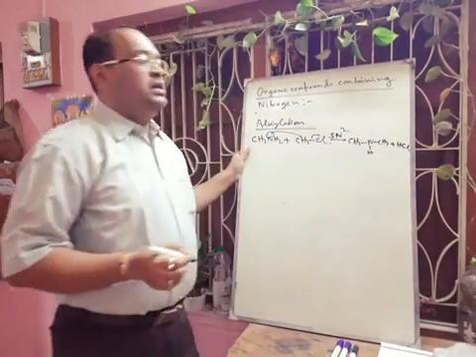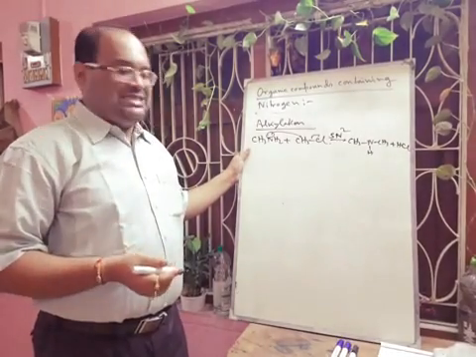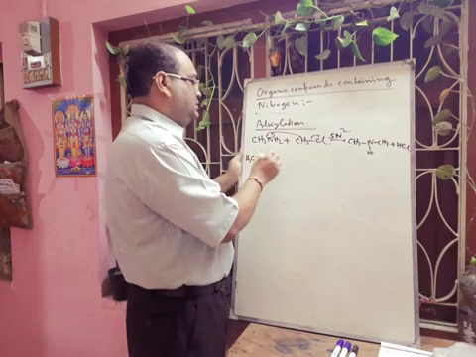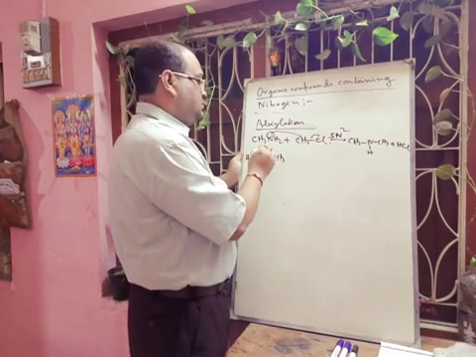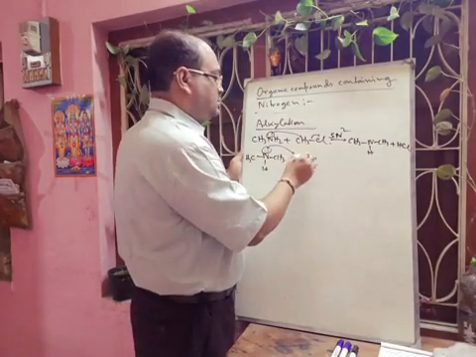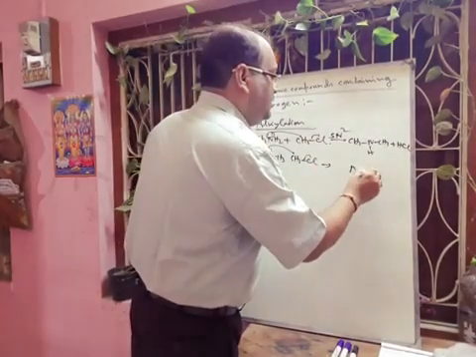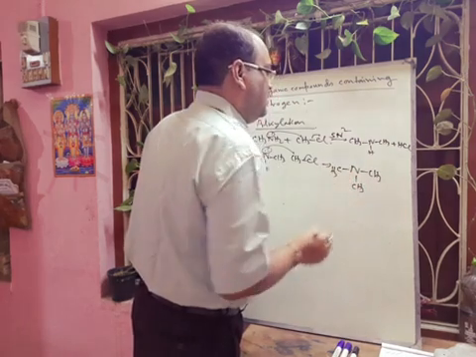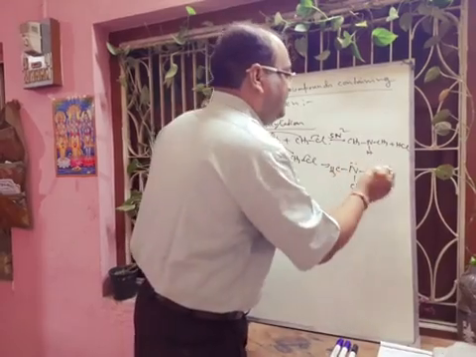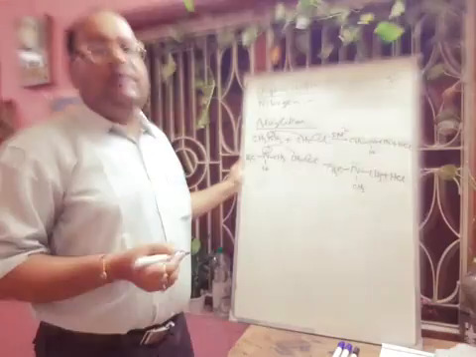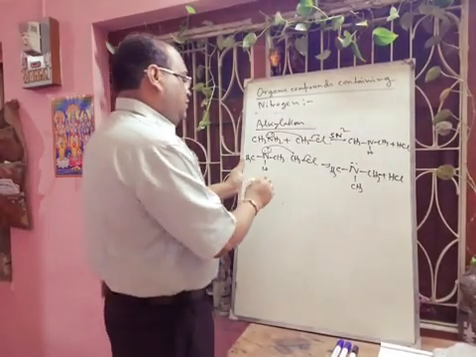If there is excess methyl chloride, then this secondary amine will also react with another methyl chloride, and there will be formation of tertiary amine, and again this tertiary amine will react with methyl chloride to form the quaternary amine.